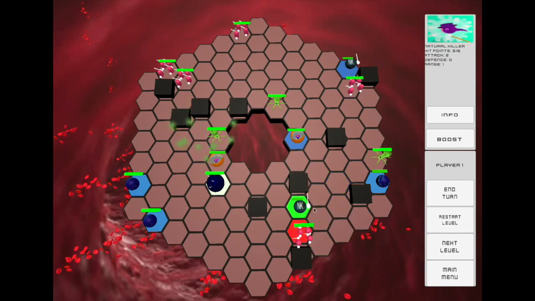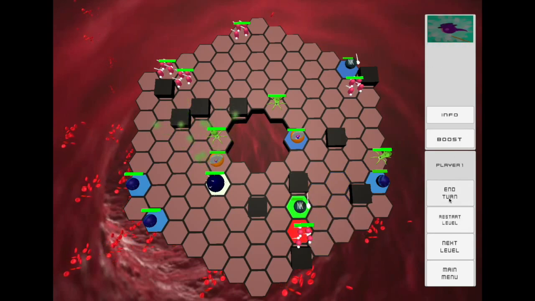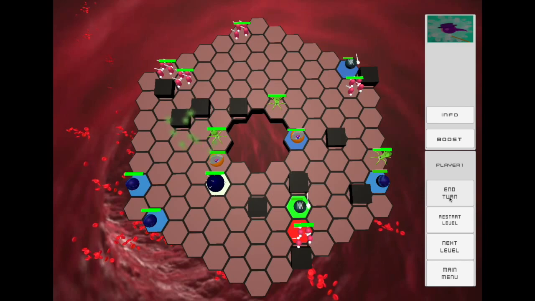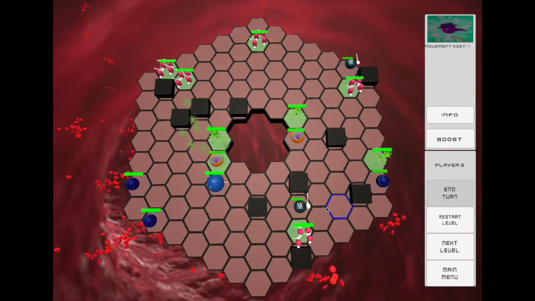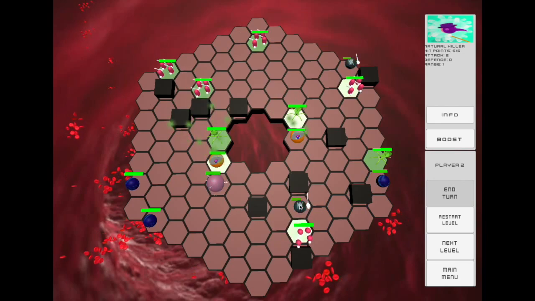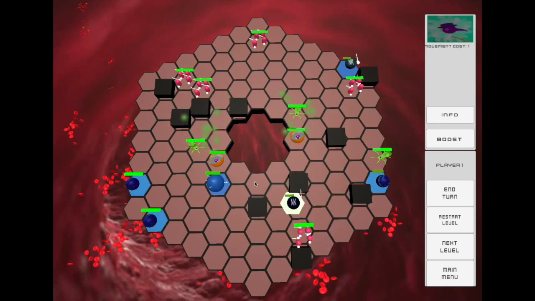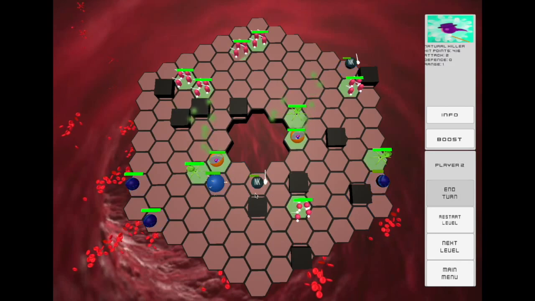And then, once those antibodies are created, this allows the natural killer cell to recognize it as an infected cell. And in real life, what it does is it initiates cell death. It's called apoptosis. And so that's the goal of this third level, is to understand that mechanic so you can be able to beat this level.